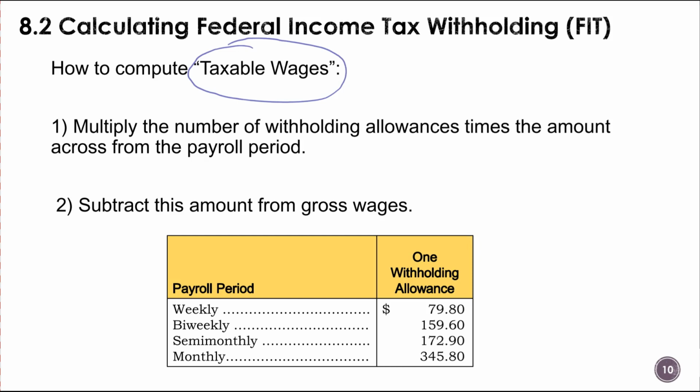So there's a weekly, bi-weekly, semi-monthly, and monthly. We kind of talked about that back in section 8.1. And so it just depends on how often you get paid on how we calculate that. And then we have to know how many allowances the person is going to claim. And then we subtract that from gross wages to get the taxable wages.